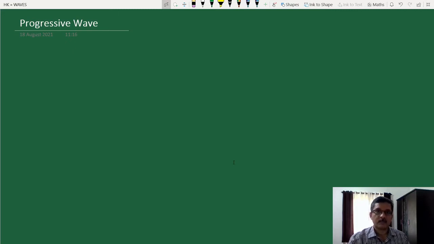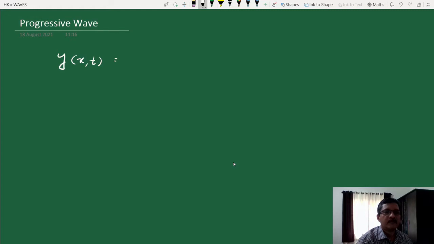In the previous class, the first class on this unit, we have seen that if you consider a progressive wave, a traveling wave, passing along plus x direction, in one dimension, then its wave function, which depends on position as well as time, we can write as a function of x minus vt.